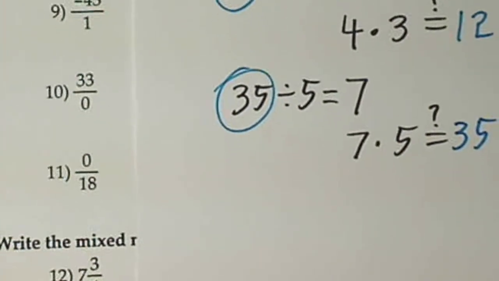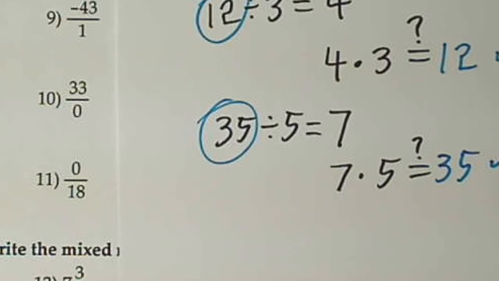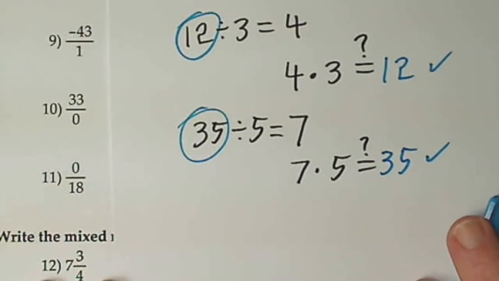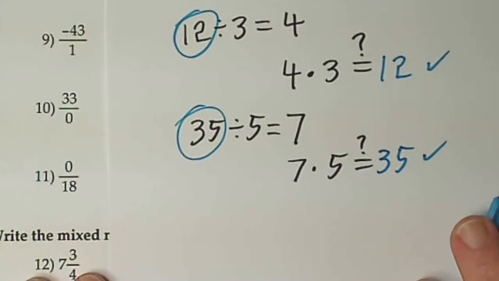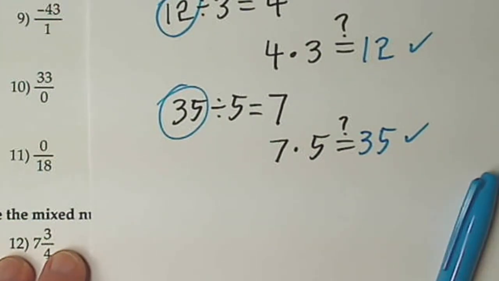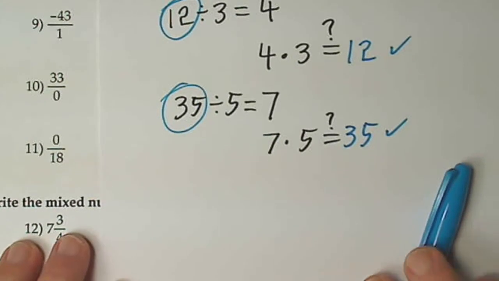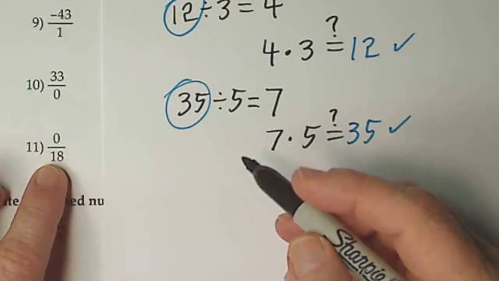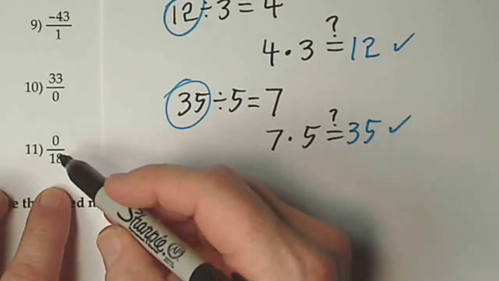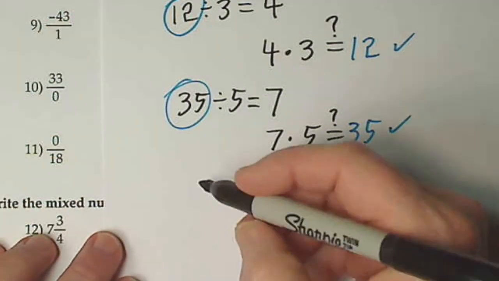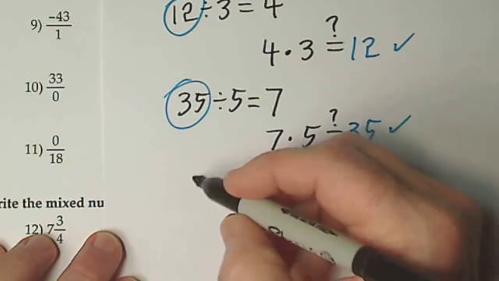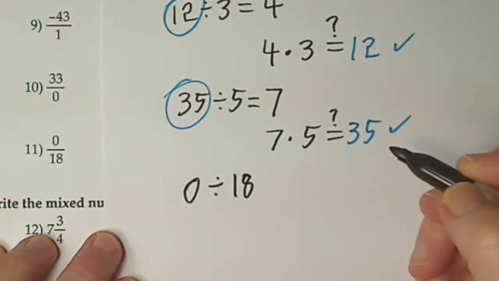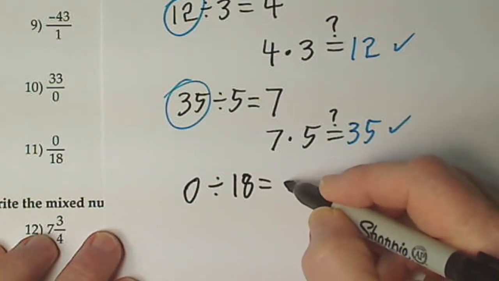And if you look at, I think I'm going to zoom out a tiny bit here. And you look at our last one here, I said that the answer to number 11 here is 0. 0 divided by 18, I claim is 0.